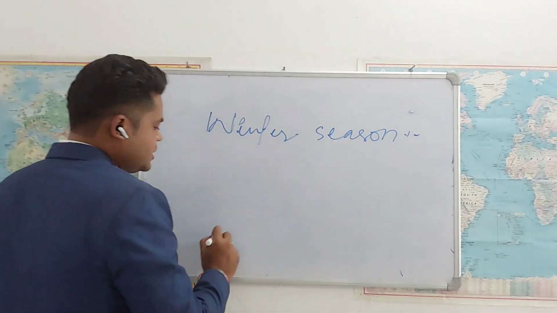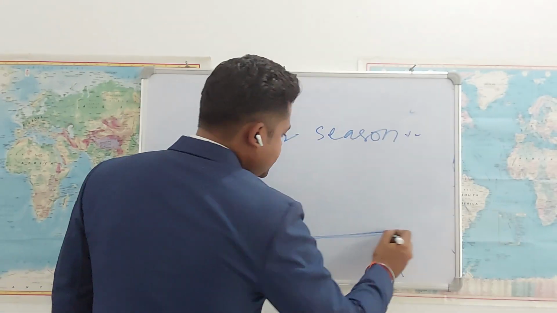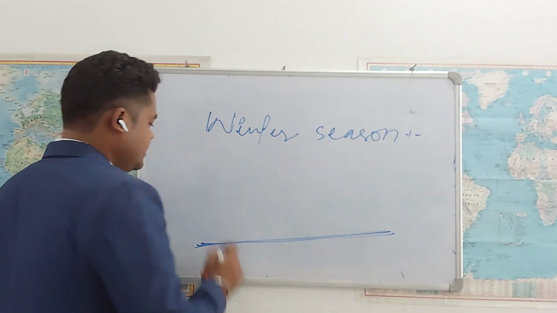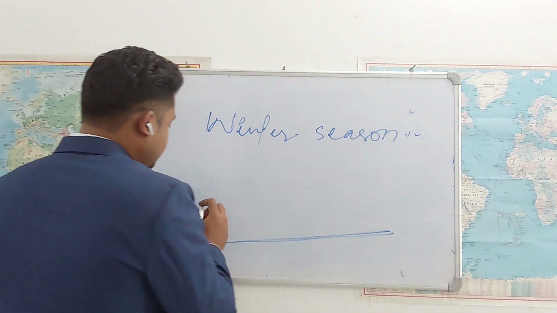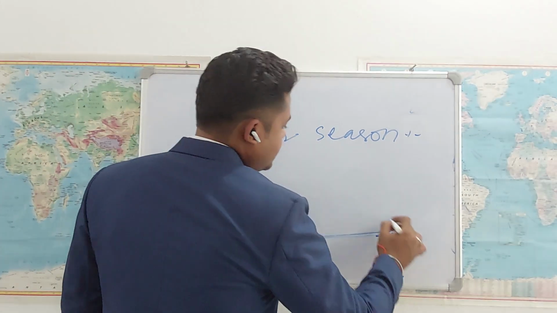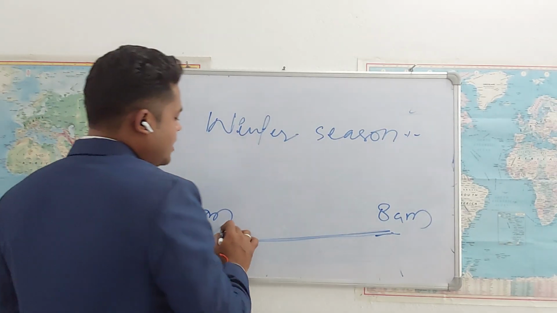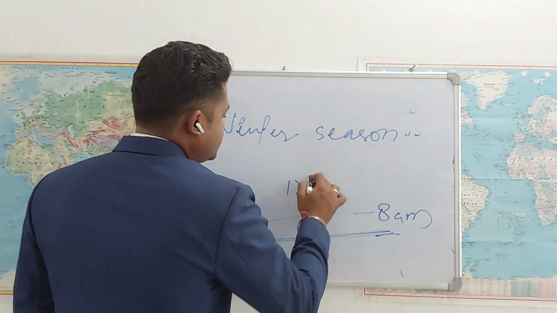Because suppose this is the first week of December. My sun sets around 5 p.m. and it rises around 8 a.m. So how many hours did it take? 13 hours.